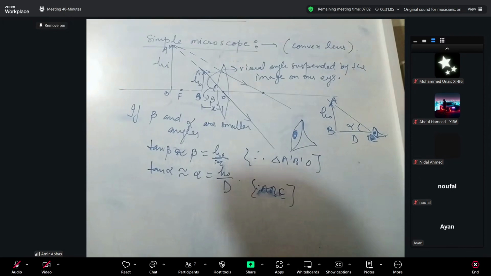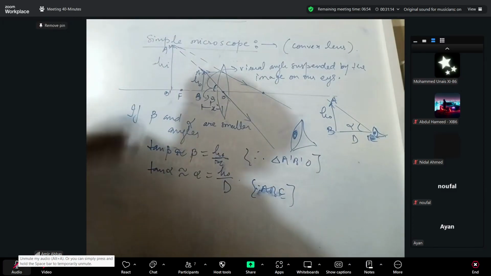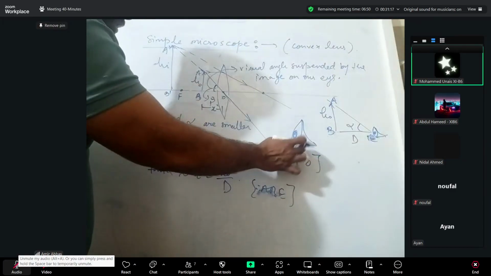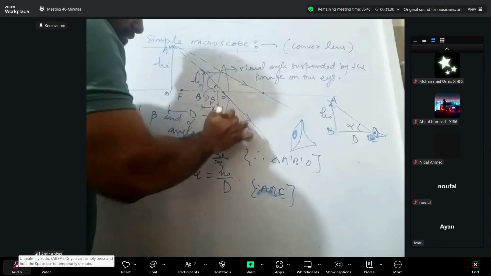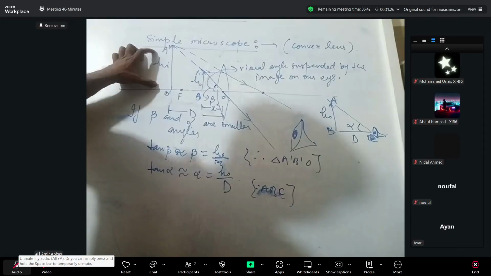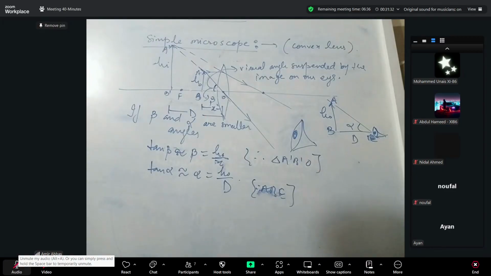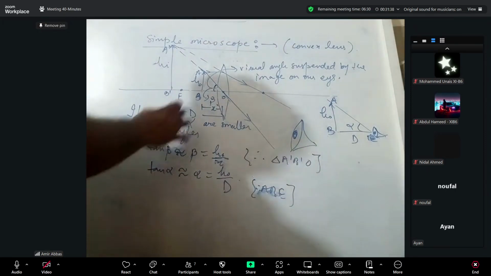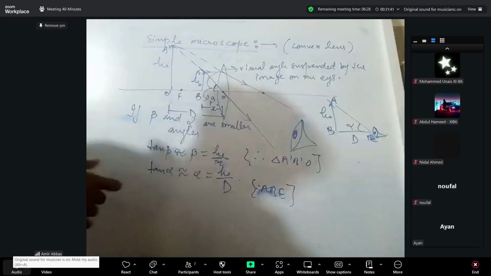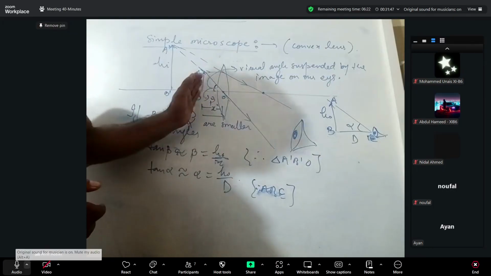Have you got this, beta? The image should be formed at D, because we can observe this image clearly in a magnified way at D. This object, very close to our eyes, is subtending a larger angle, but we cannot see it clearly.